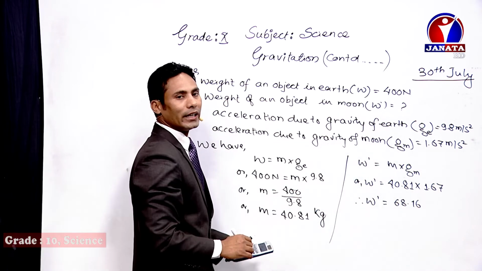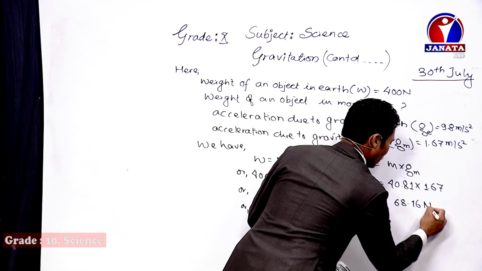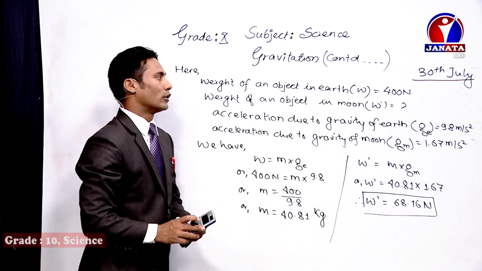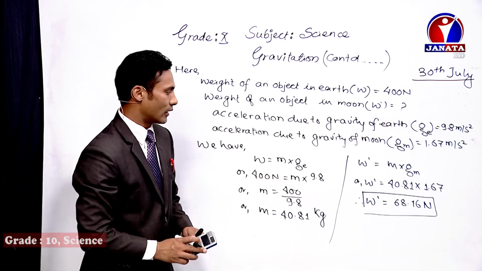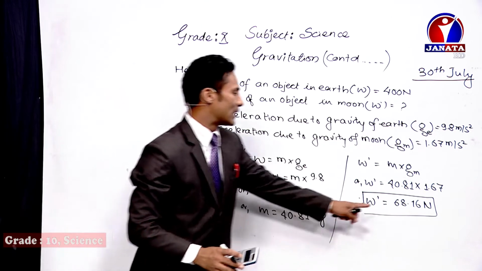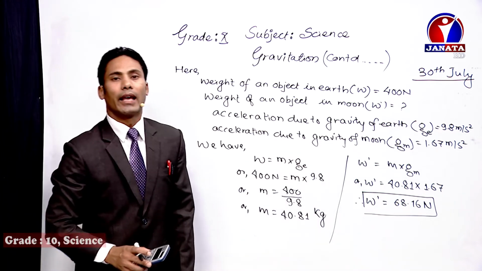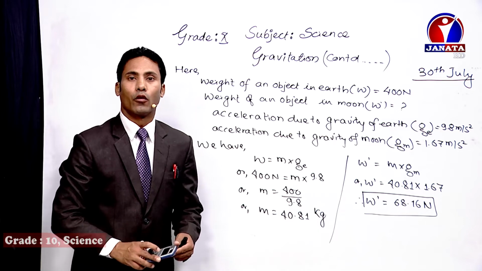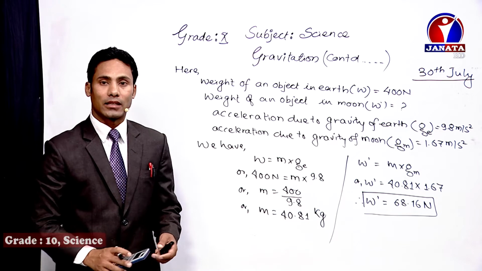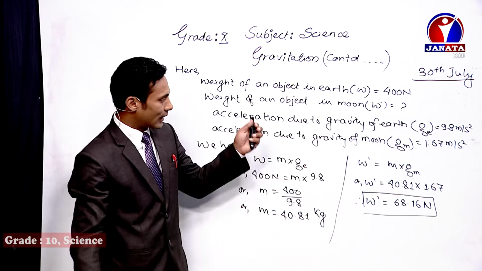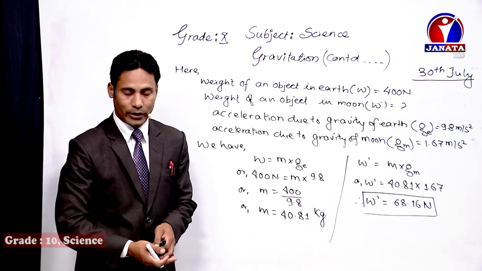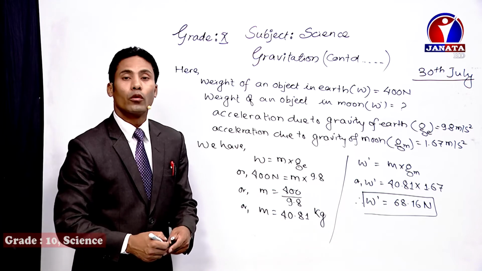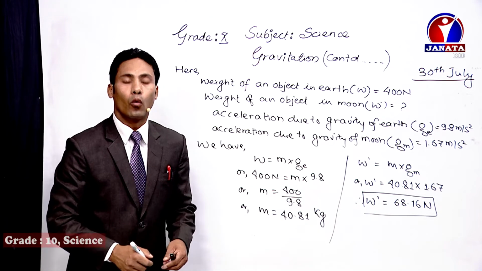The unit of weight is Newton. So the object which weighs 400 Newton on the Earth's surface will weigh 68.16 Newton on the Moon. These are the numerical problems related to weight, continuing from the previous class. Like this process, we can solve the numerical problem. Next, let's see free fall and weightlessness.